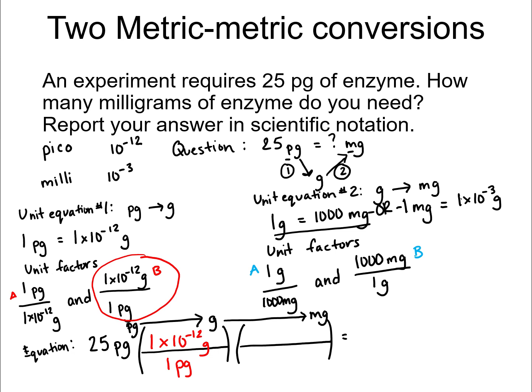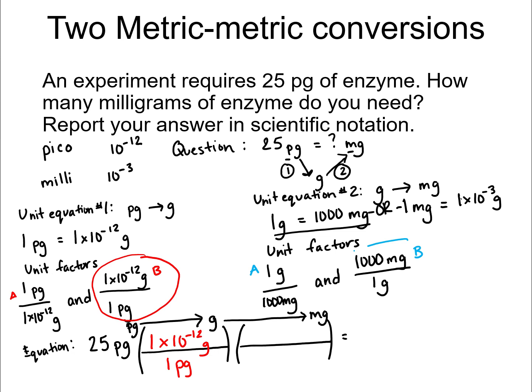To go from grams to milligrams, which one am I using, A or B? We sure about that? We need to have the grams in the bottom.